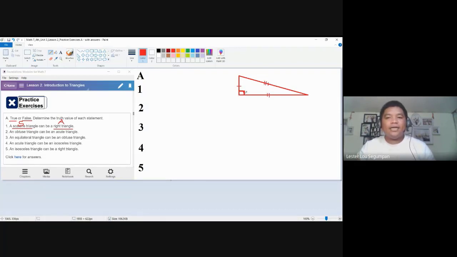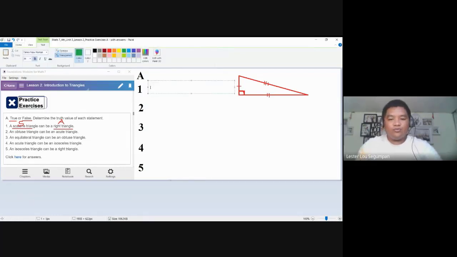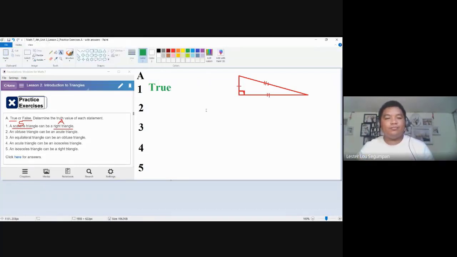As you can see, it is a right triangle and the sides do not have the same measurement. So that would mean that these two classifications or characteristics could be characteristics of one triangle. So to answer number 1, a scalene triangle can be a right triangle. They could go together. The answer here is true.